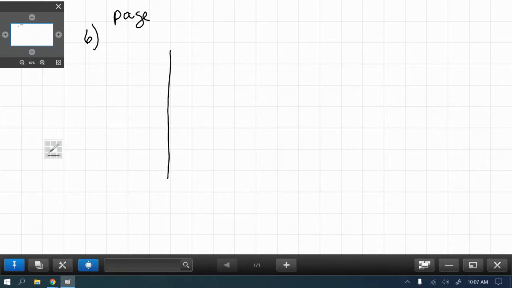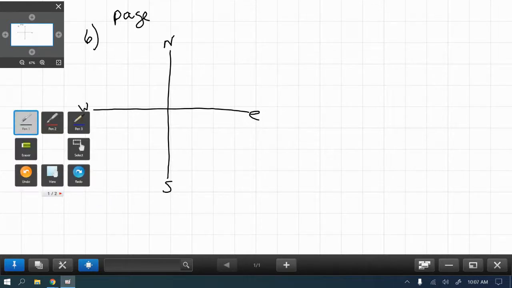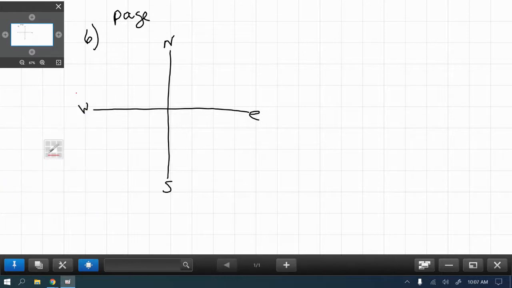I'm going to draw it in first. It's north 27 degrees, 43 minutes, 44 seconds, west. So I knew that was in quadrant 4.